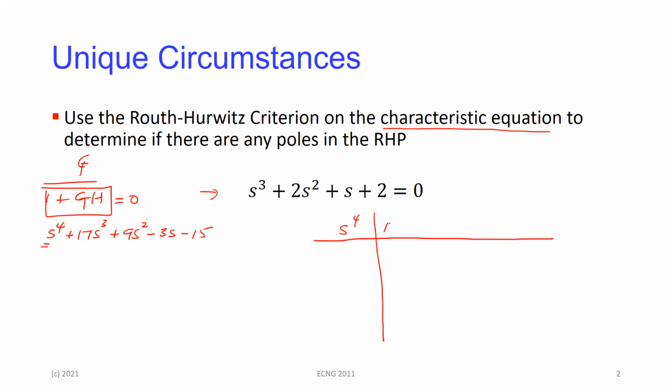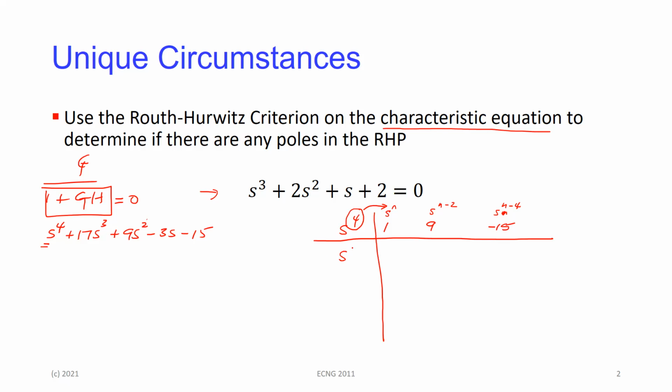Then you go down 2, so this will be s to the n minus 2, then n minus 4. n happens to be whatever this is, so this is the n for this particular row. So s to the n minus 2 would be 9, and s to the n minus 4, which is s to the power 0, will be minus 15. Make sure you copy it correctly.